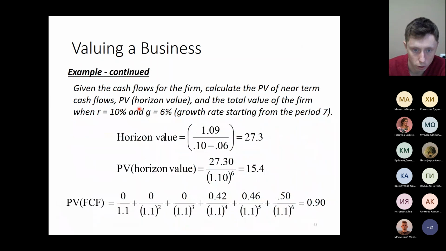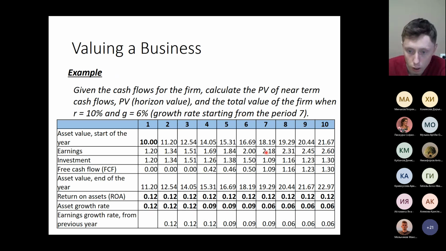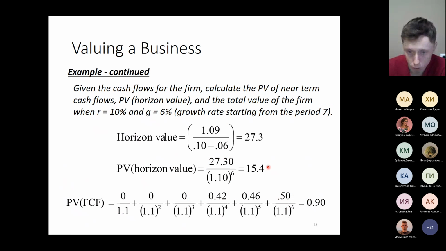We know that the firm grows for 6 periods. Starting from period 7, the growth is settled, and that is why we take the free cash flow, this amount, from period 7 and use it in our growing perpetuity formula.